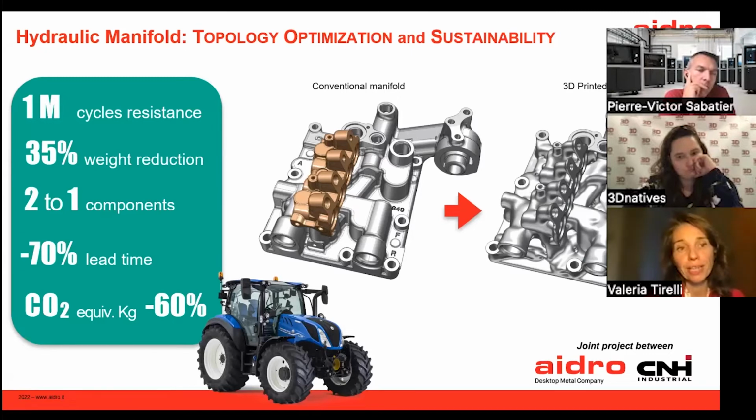Thanks to the redesign with additive manufacturing, we were able to redesign the two components into one and to save 35% of weight. The part was printed and tested for 1 million cycles of resistance.